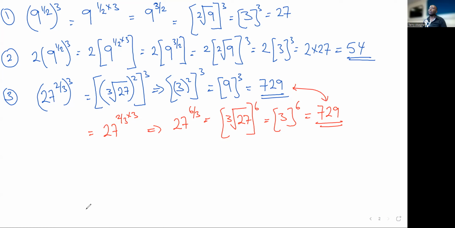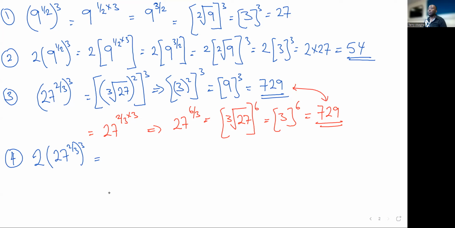Now let's go to the next one. For number 4, what about if there is a coefficient, for instance? Let's assume we have 2 into bracket 27 to the power 2/3, all raised to the power 3. It's exactly the same thing. This time I'm going to use the second one.